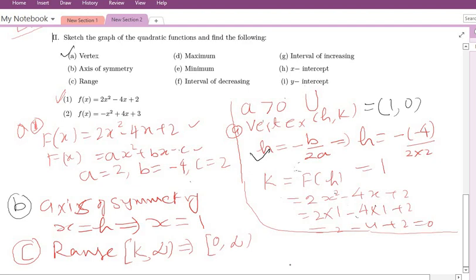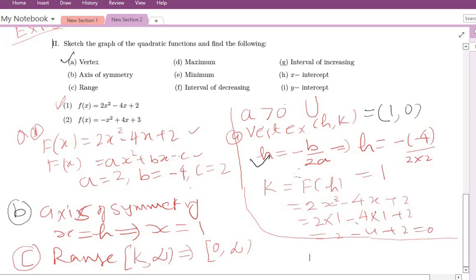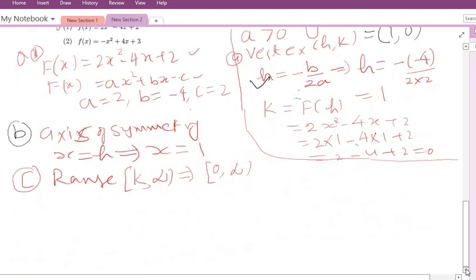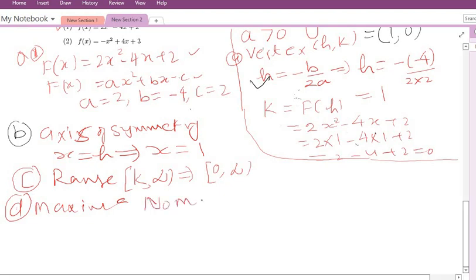Now the D part means maxima. Since a is positive here, there is no maxima.